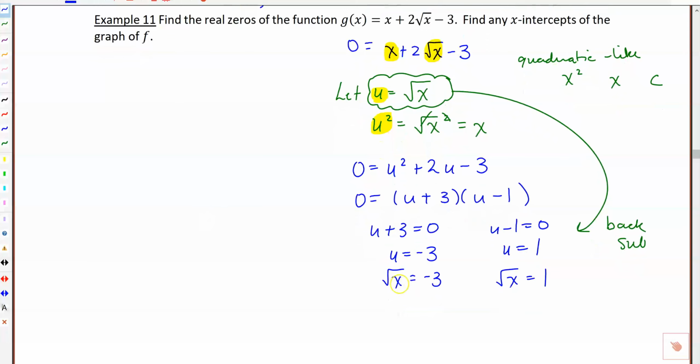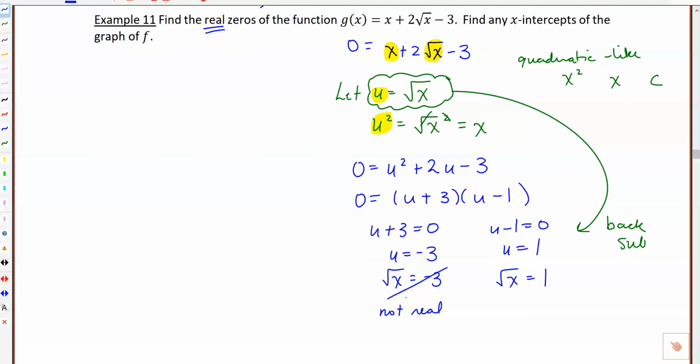Looking at this first one, the square root of x is equal to -3, well, that's a problem, right? You can't take the square root of a number and get a negative out. Okay, so this is not a real solution. Right, now at this point in time, we're only going to be working for real zeros, right? I was told to find real zeros. So this part is not going to generate anything useful for me.